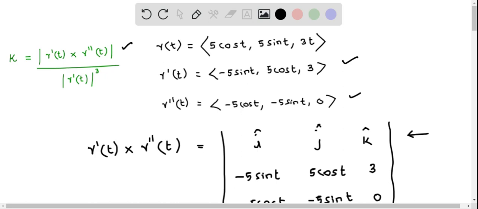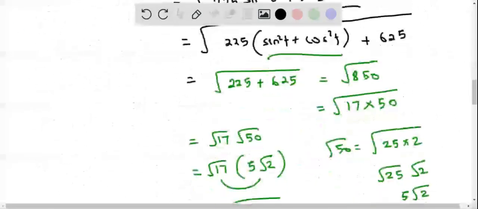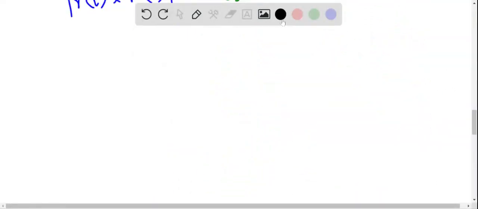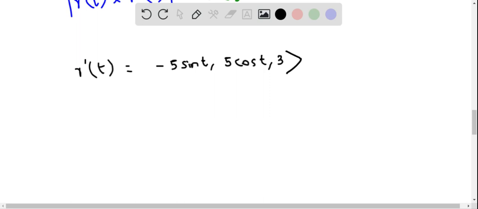First, I'm going to copy r prime of t, which equals negative 5 sine t, 5 cosine t, 3. So let me do it here. We have r prime of t equal to negative 5 sine t, comma 5 cosine t, comma 3.